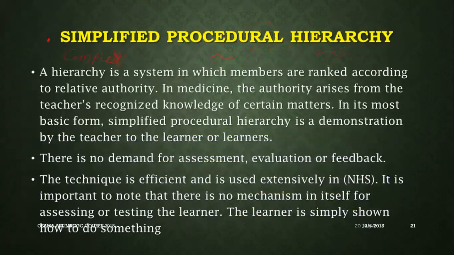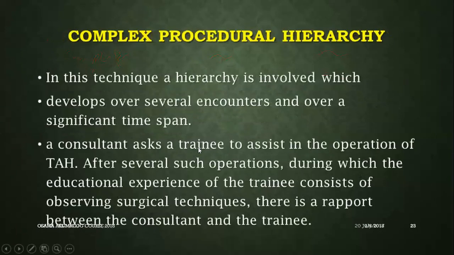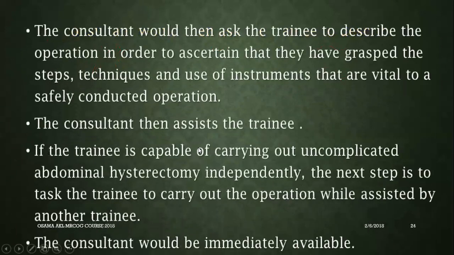This is complex. If only you are going to learn and you will not see the student doing the procedure and you don't allow him to teach others, it's just simplified. So this is the difference between simplified and complex.